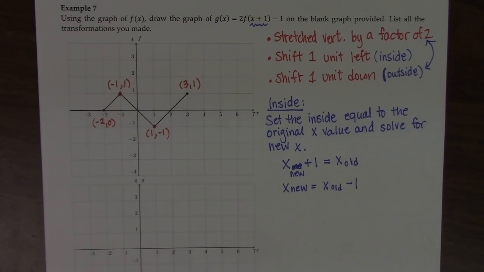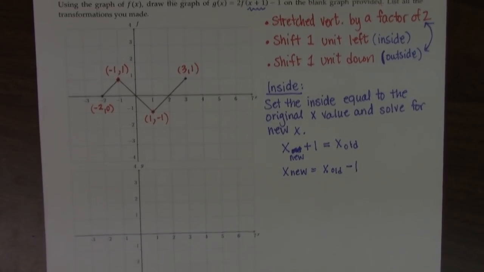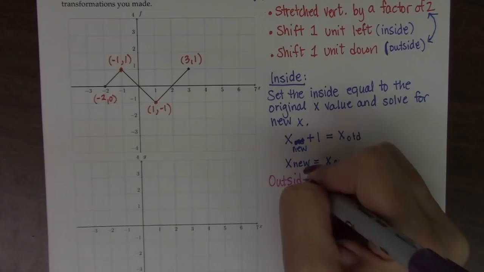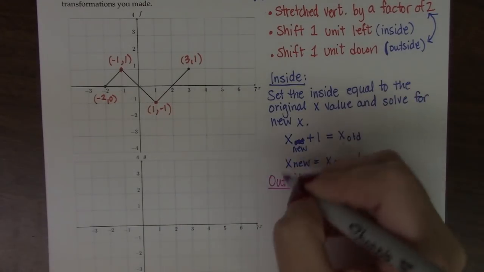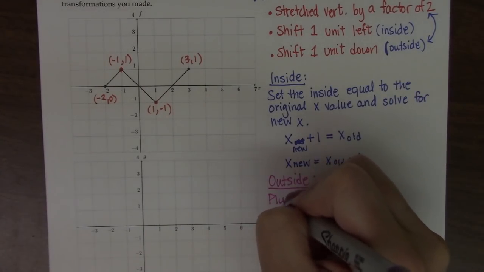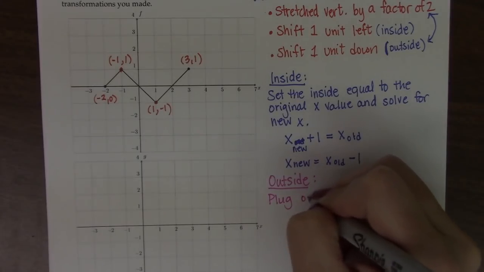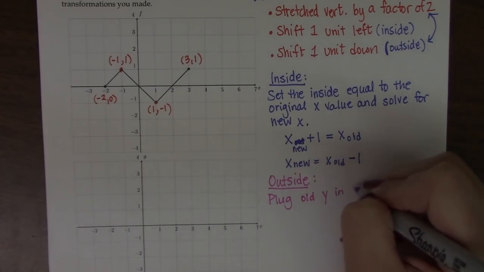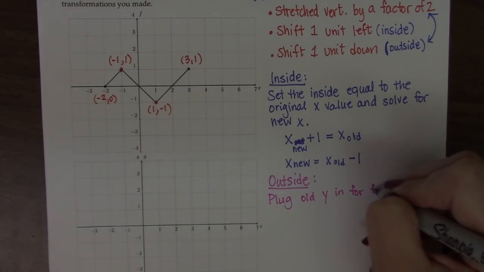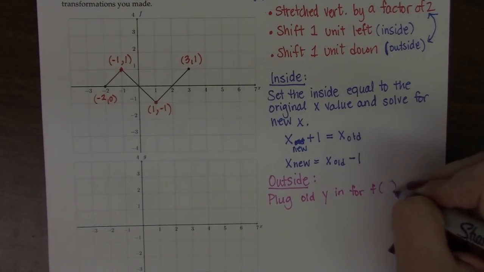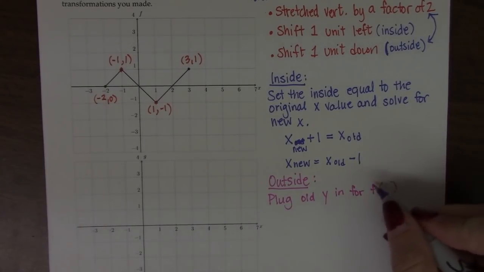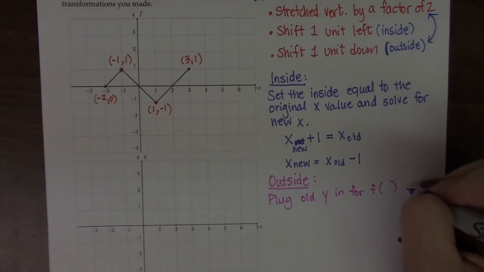For the outside of the function, plug the old y values in for f of whatever's in here. We ignore it. Wherever we see this in the function, right?